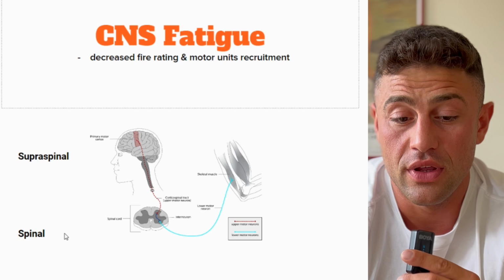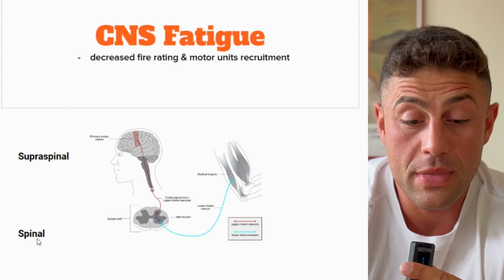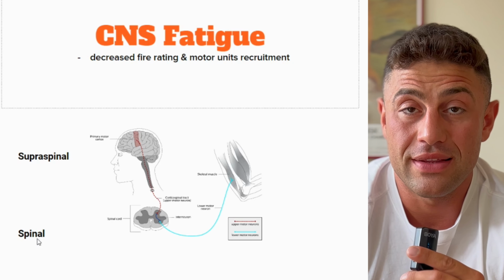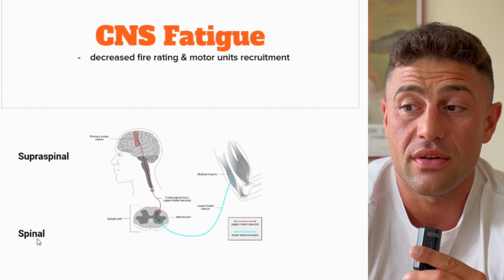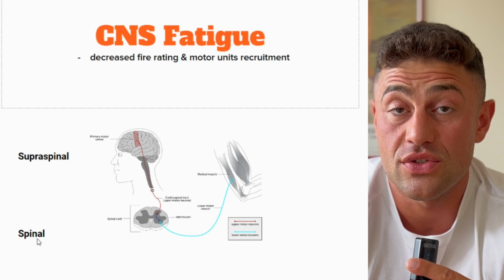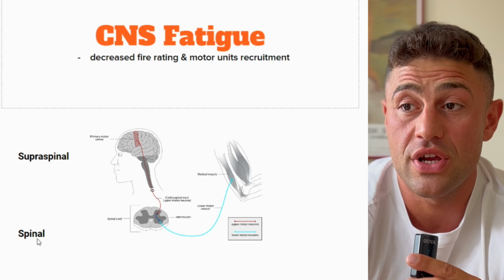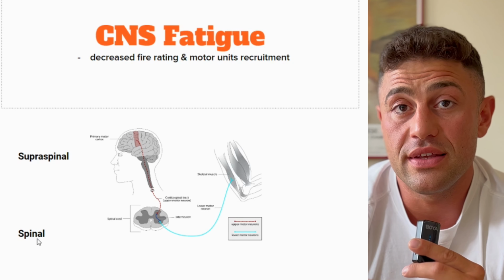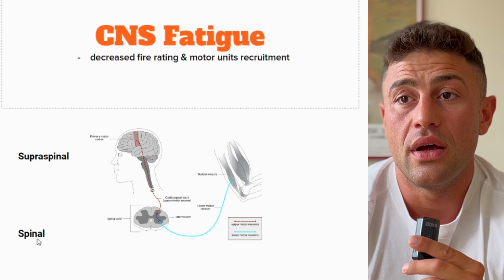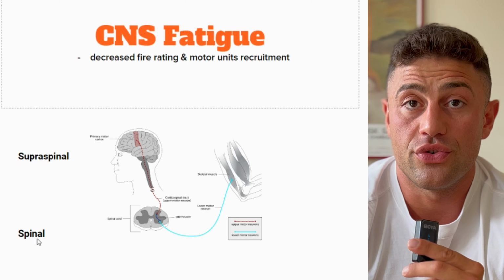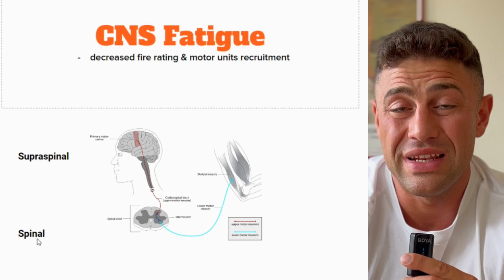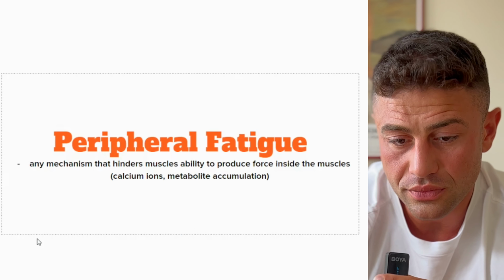So it's actually very funny. Through some mechanisms, your spine can detect how much activity is in your body, and if it evaluates that the activity is too high and there are too many energy demands, it's going to decrease the amount of activity by decreasing the firing rate and motor unit recruitment through the alpha neuron leaving your spine.